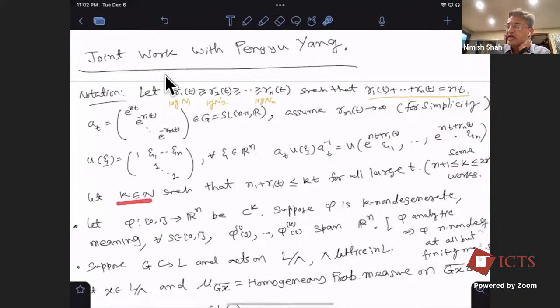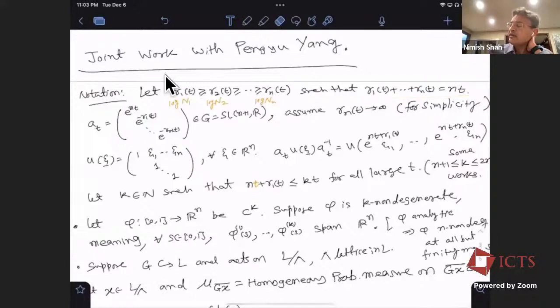Now, you just pick some large k so that nt plus r1(t) is less than or equal to kt. Sorry, it's a mistake here, not n1: nt plus r1(t) is less than or equal to kt. This is how you choose some k. And r1(t) has to be at least t, because the total is nt and this is the biggest one.